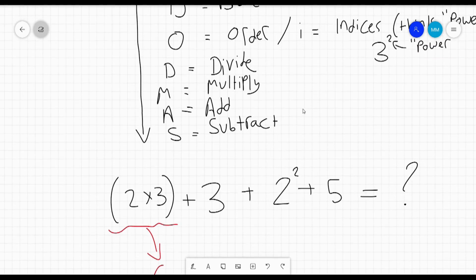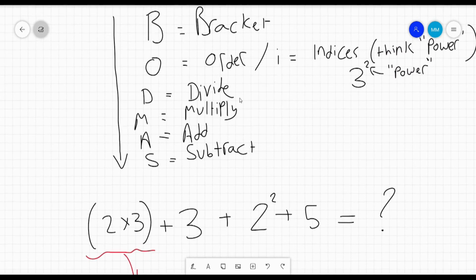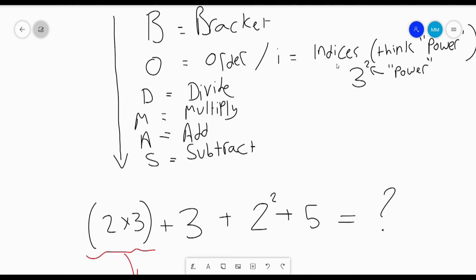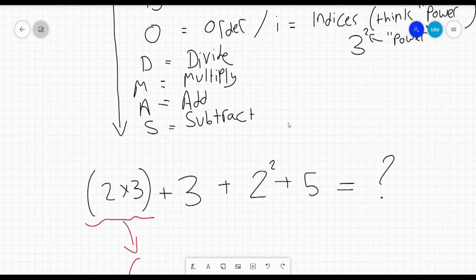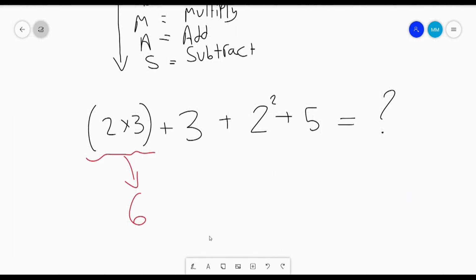So then we go back up and we say, well, is there any order or power or indices going on? Yeah, there is. There's a little 2 here. So that's your next priority. So you say, right then, well, that's 4. So that's that job done.